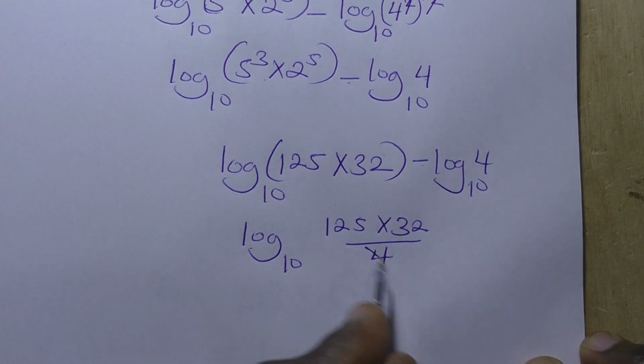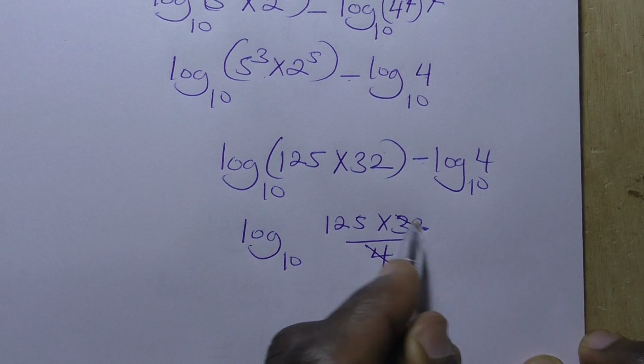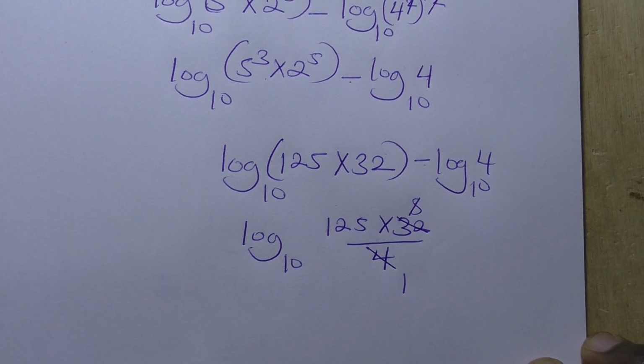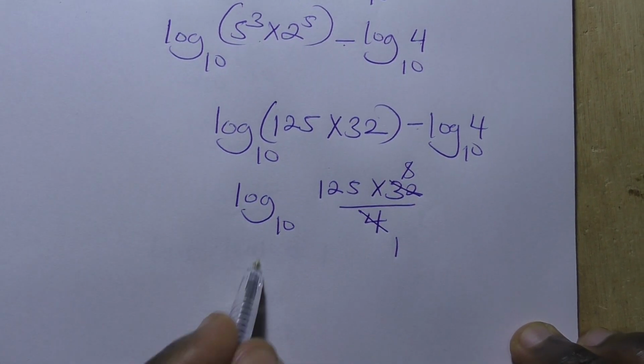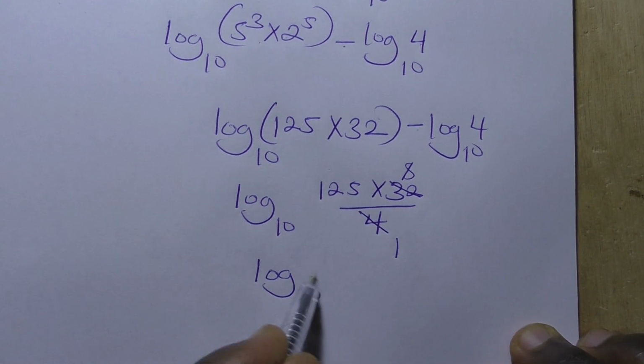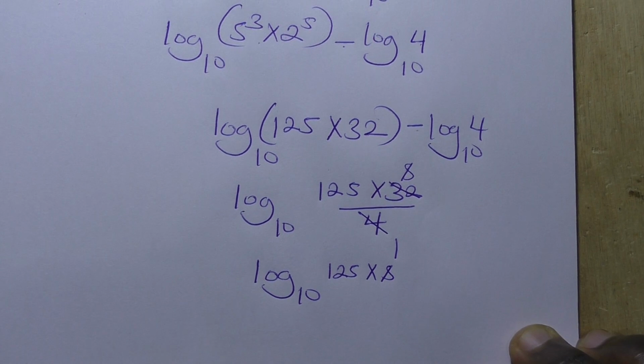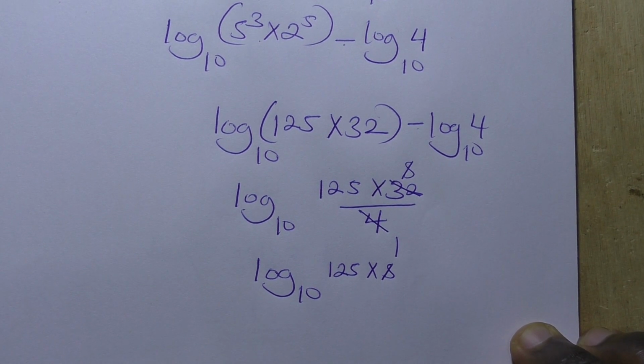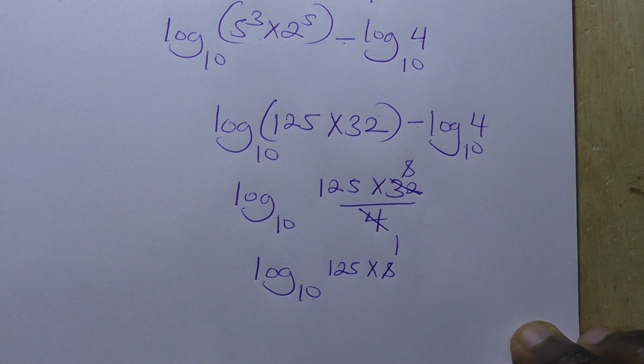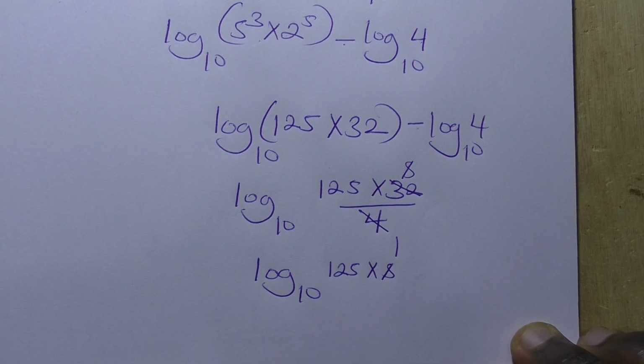And we can reduce 4 into 32 to get 8, so that we come up with log 10 of 125 times 8. So 125 times 8 gives us 1000.